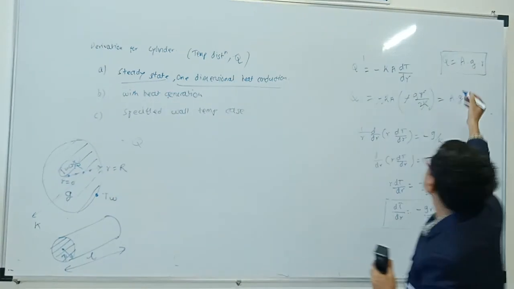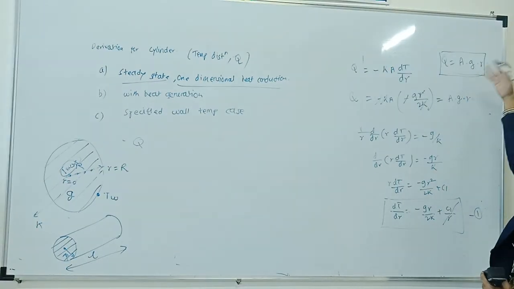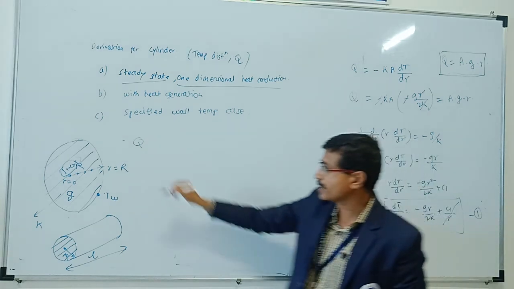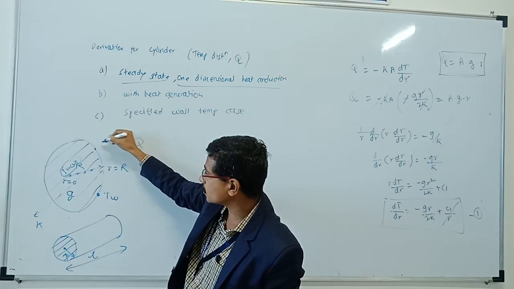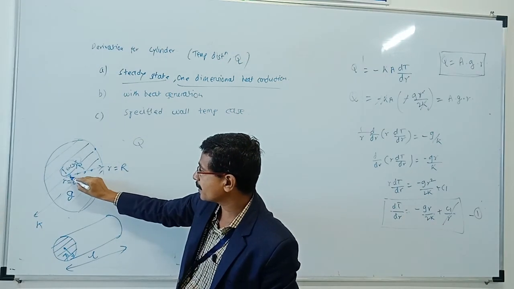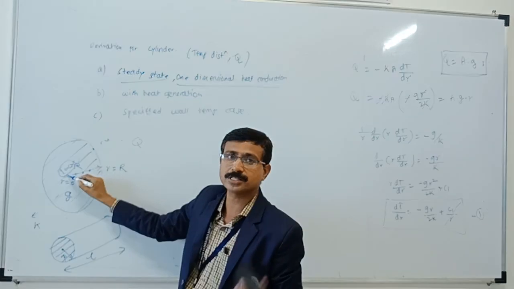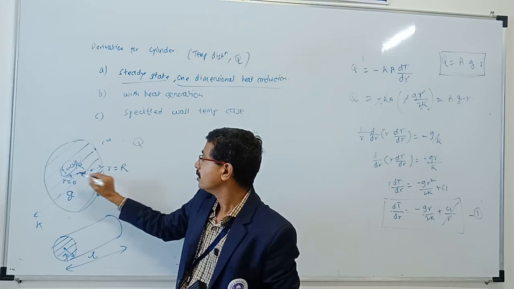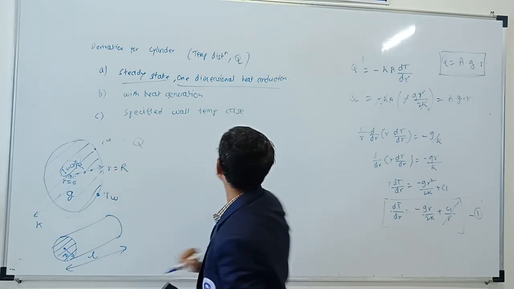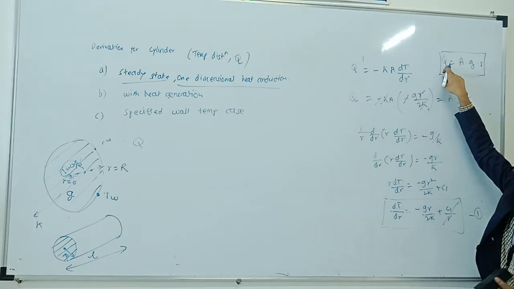Okay, so this is a generalized expression. आपको सरफेस पे चाहिए, इस पॉइंट पे हीट ट्रांसफर रेट चाहिए तो r इज इक्वल टू कैपिटल R पुट करो. सेंटर पे हीट ट्रांसफर रेट चाहिए तो r इज इक्वल टू 0 पुट करो. आपको Q 0 ही मिलेगा बिकॉज़ टेंपरेचर T इज मैक्सिमम. ओके, or at any value of r you can calculate it, that is the heat transfer rate.